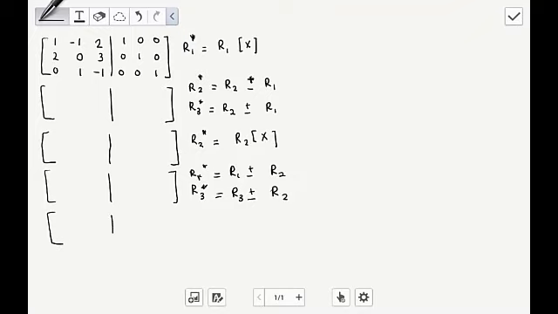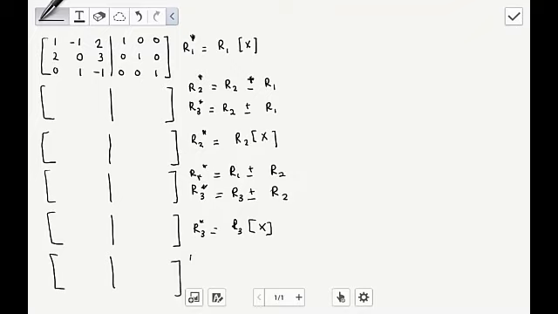Now we focus on column 3. For column 3, we start with row 3, and the operation is again multiplication, same as the first and third steps.